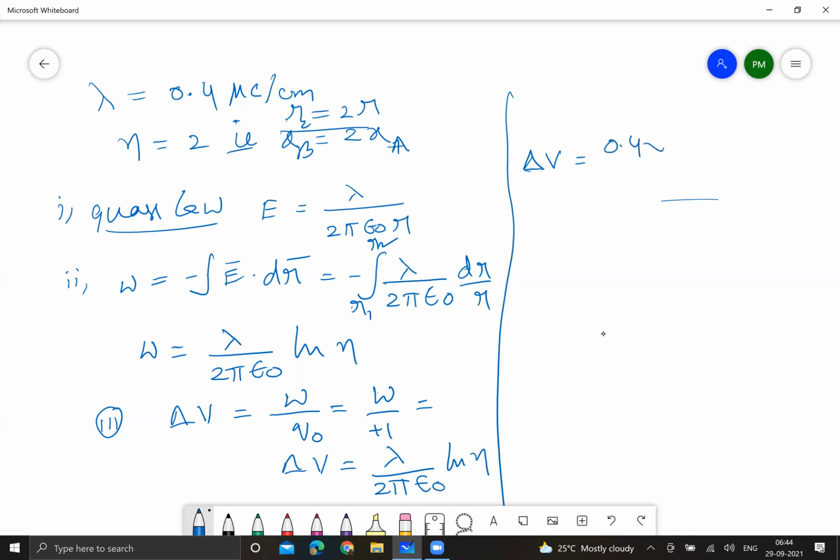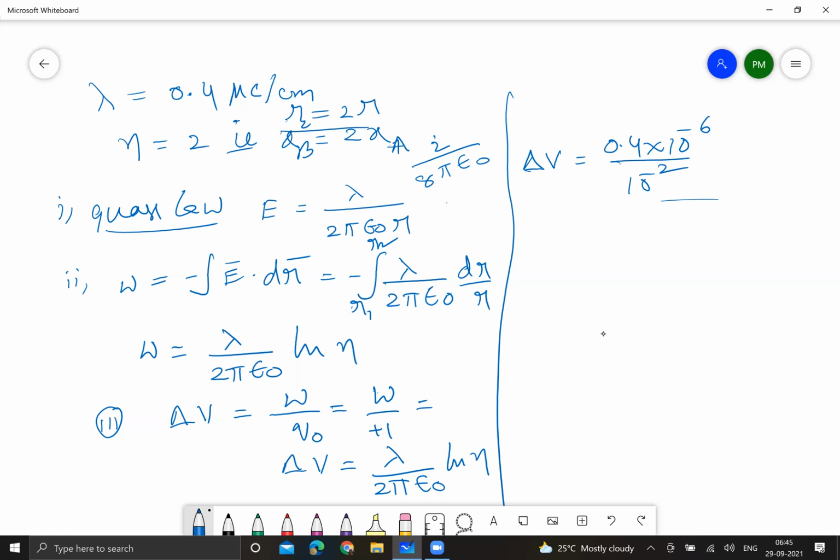So it is lambda, 0.4 into 10 to the power of minus 6 by 10 to the power of minus 2, into 2 by 4 pi epsilon 0.